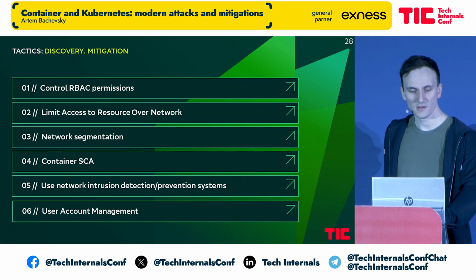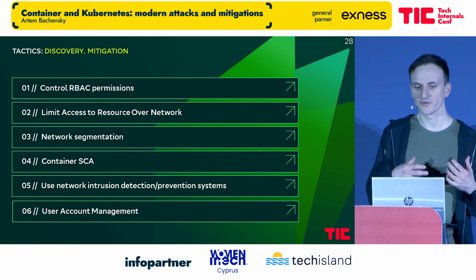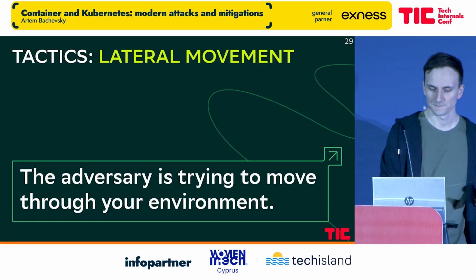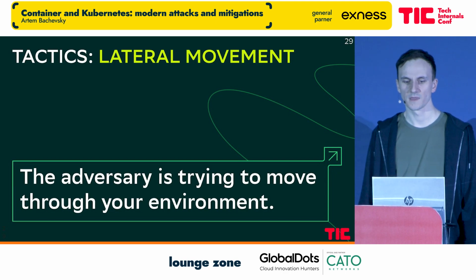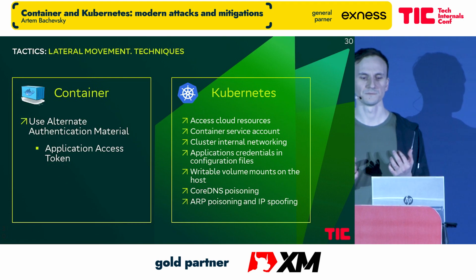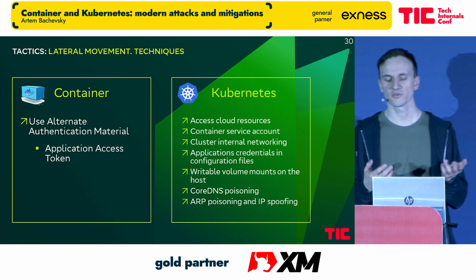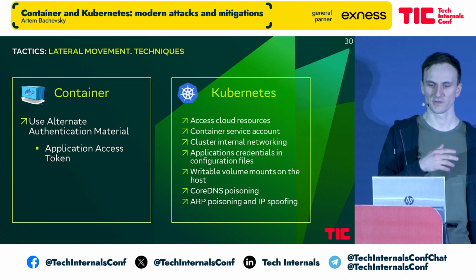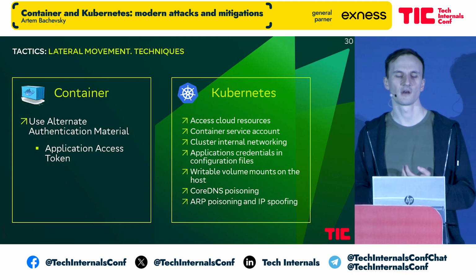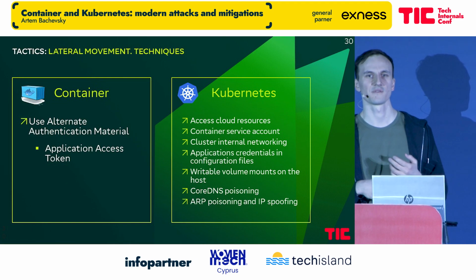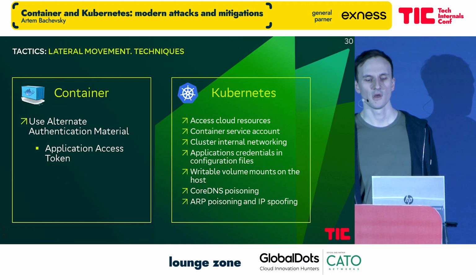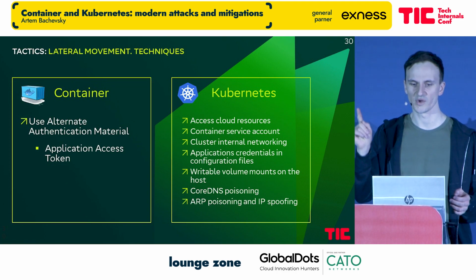And then, if you are like an adversary, like a hacker, and you identify a new service, you want to move inside it. How could you do it? The easiest way is to find some credentials to it and just move to it, or do it through the cloud. As I said, most cloud services have some execution console, and you could just go this way.